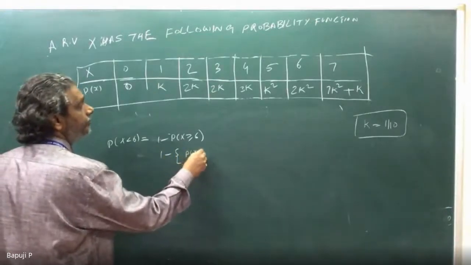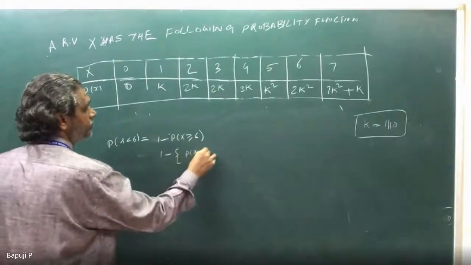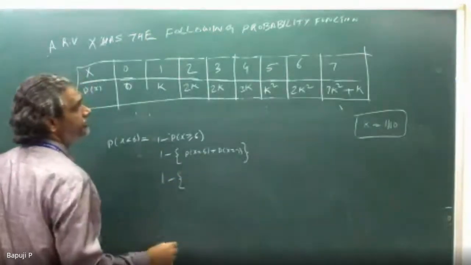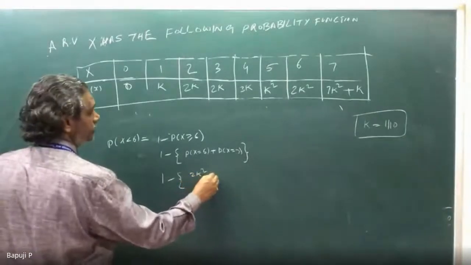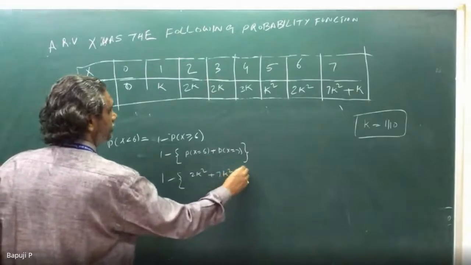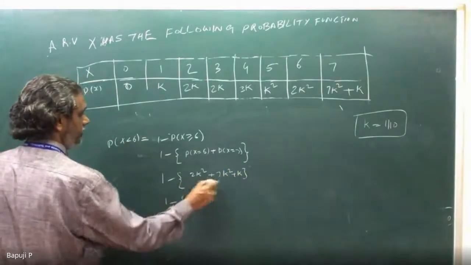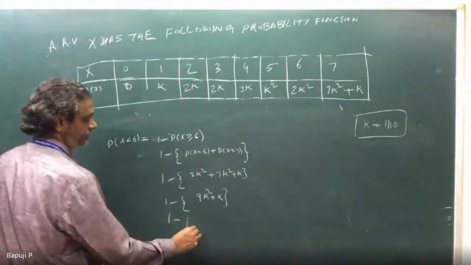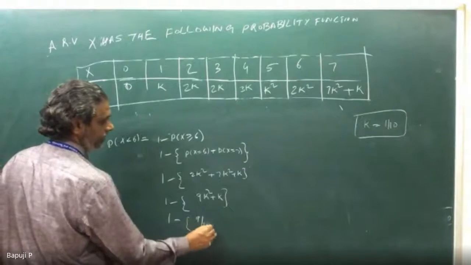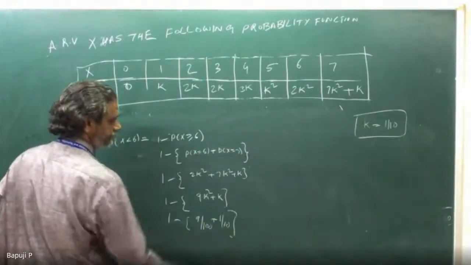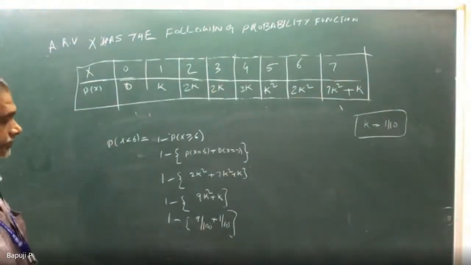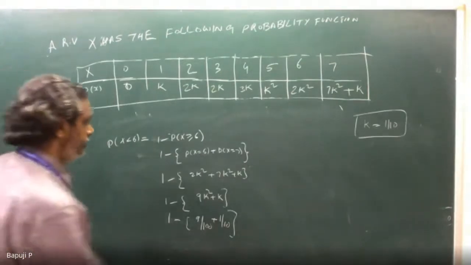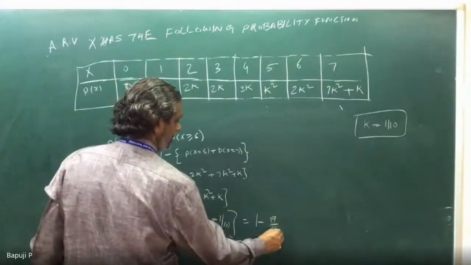That is 2k square plus 7k square plus k. So 1 minus 9k square plus k. 1 minus, this is 9 by 100 plus 1 by 10. So this is equal to 1 minus 19 by 100.